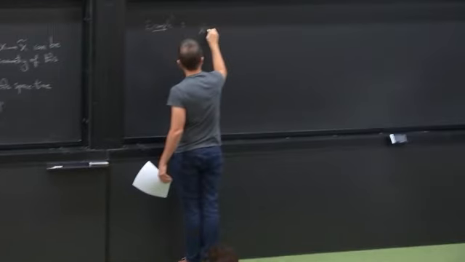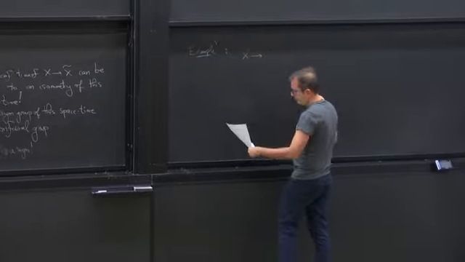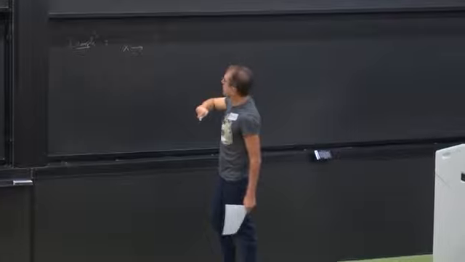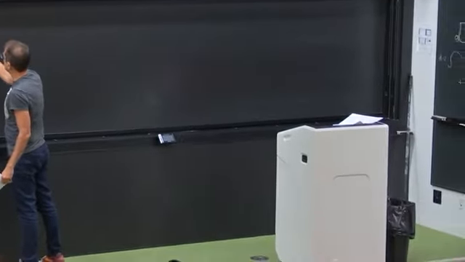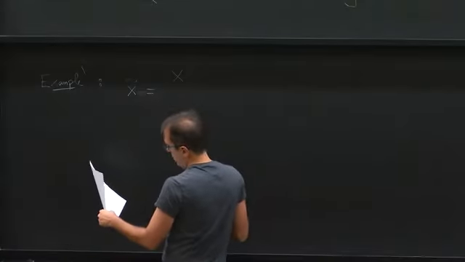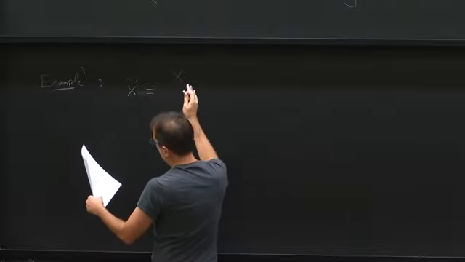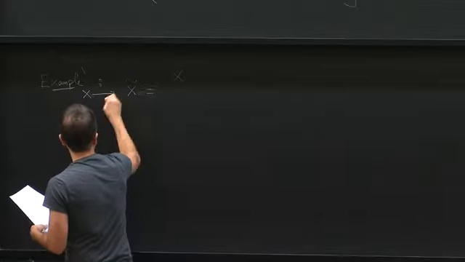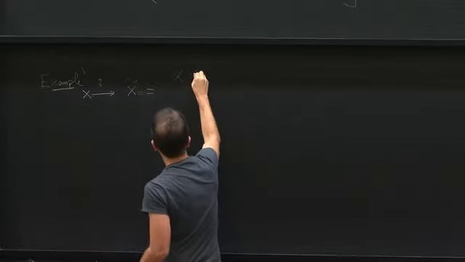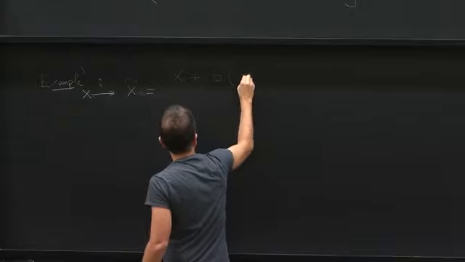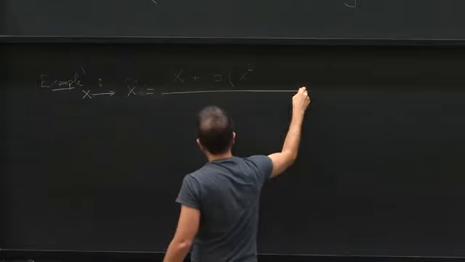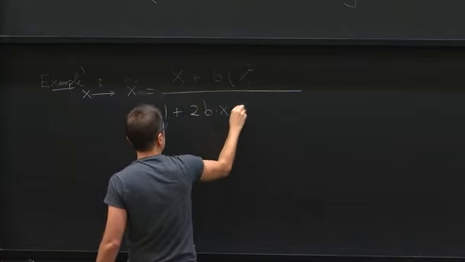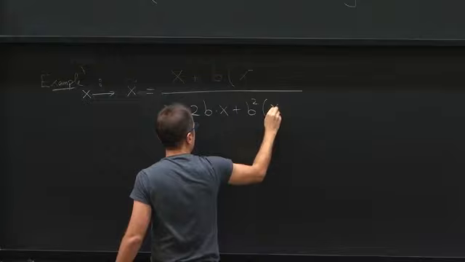Let's write the conformal transformation that we like very much. x goes to x tilde, which is equal to (x plus b x squared) divided by (1 plus 2 b dot x plus b squared x squared).